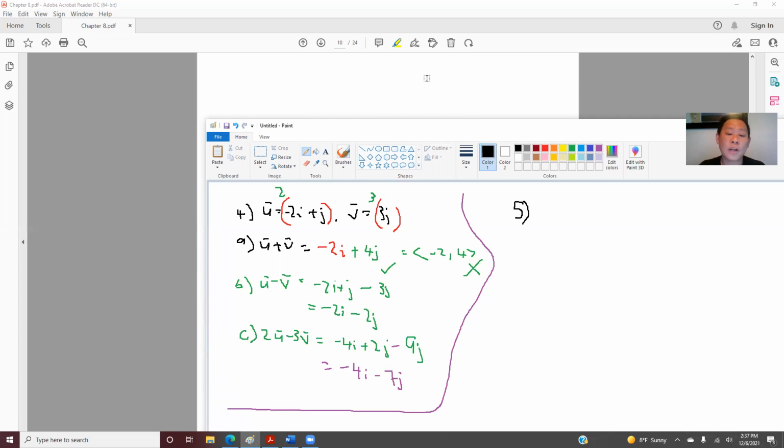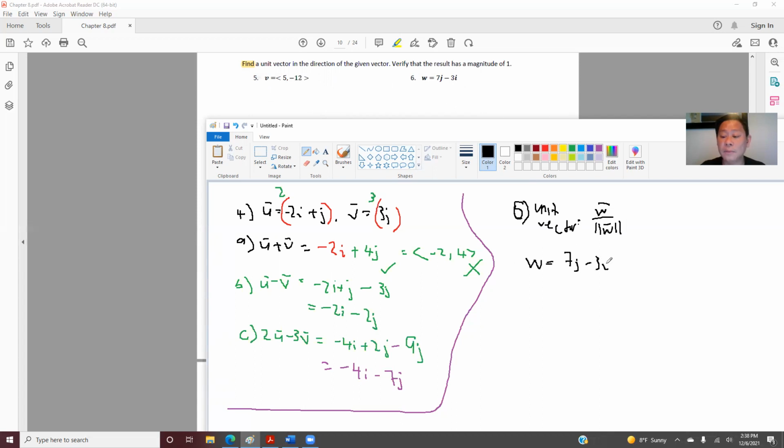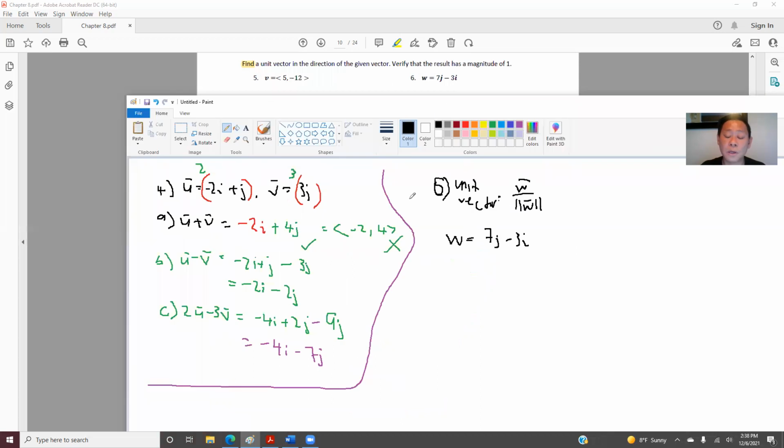Okay. Question number 6, which is the same as question number 5, is to find the unit vector. In order to find the unit vector, you take the vector w divided by its magnitude. Here w is 7j minus 3i. To find the magnitude, you take the numbers, square them, and add them up.